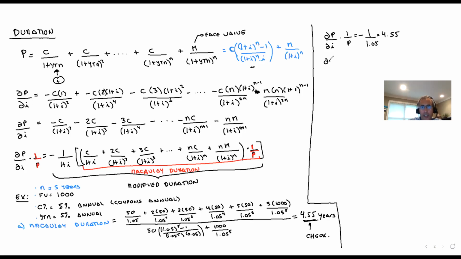So basically, guys, this is what is called modified duration. Do you agree? Okay, so from here, dP/dI times 1 over P equals minus, okay, let me see.